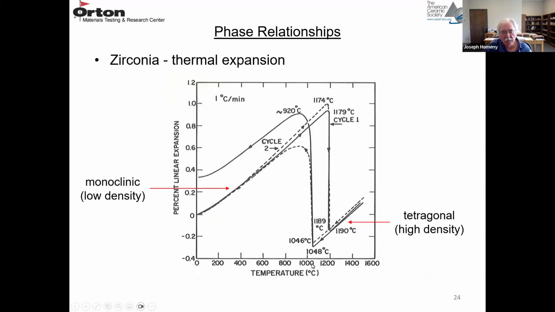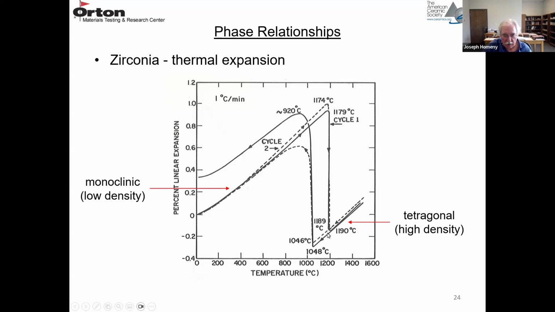So this is linear expansion versus temperature. There's another example. And the solid line is the first cycle. So you heat it up, normal linear type thermal expansion. And in this case, you reach, I guess, 1179 degrees C. You have the transformation, the volume decrease, continued heating. You start following normal thermal expansion behavior.